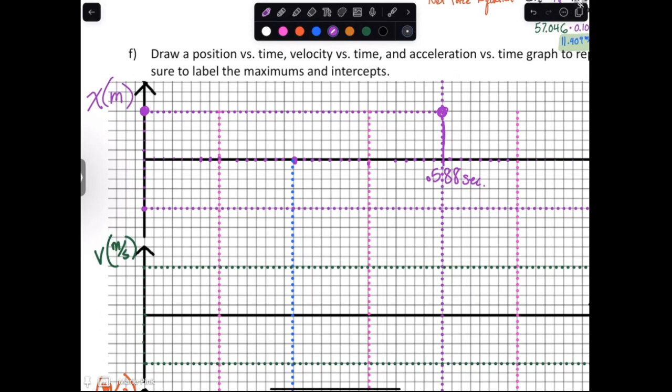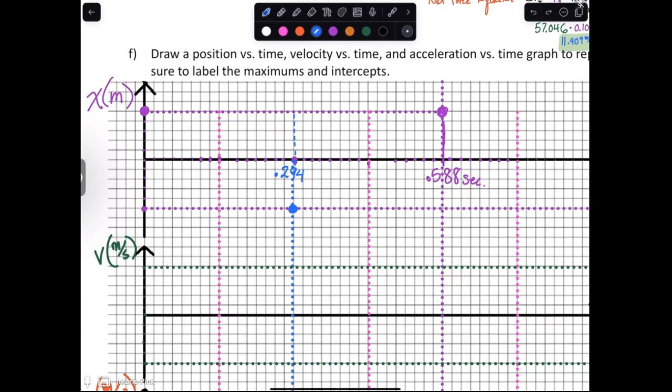Now, halfway through this time is going to be when it is at its minimum. So if we're at our maximum at 0.588 seconds, then that means that we're going to be at a minimum position halfway between that. So that means that right here, this is 0.294 seconds.